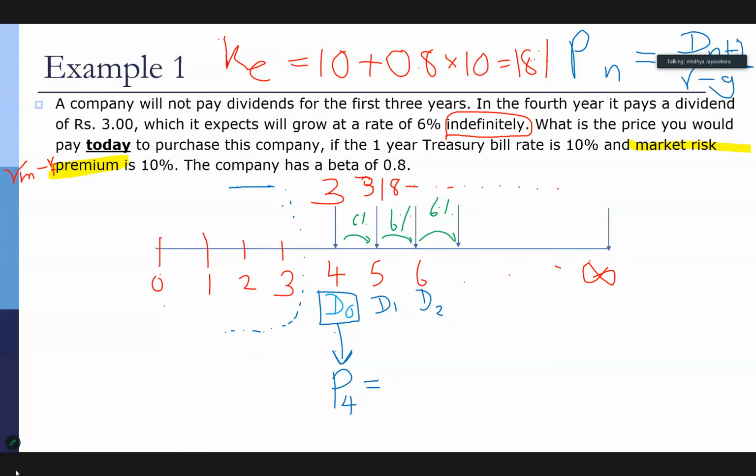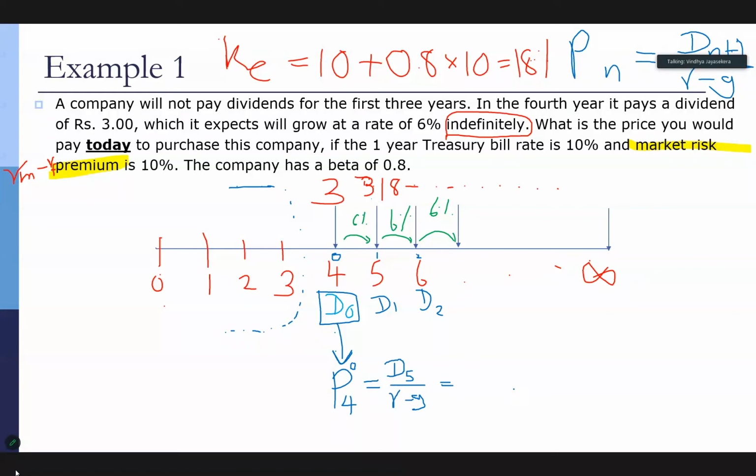Right? So excluding all of these years before me, I'm saying this is year 0. So when I look at this, this is year 0, this is year 1, this is year 2, and so on. Right? So P0 is effectively P4 and is equals to D5 divided by R minus G. So what is D5?